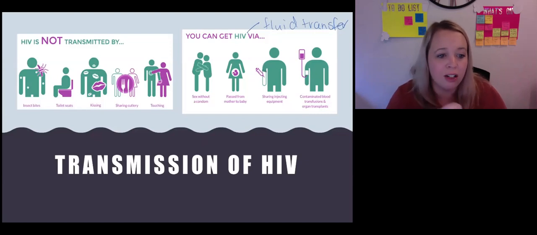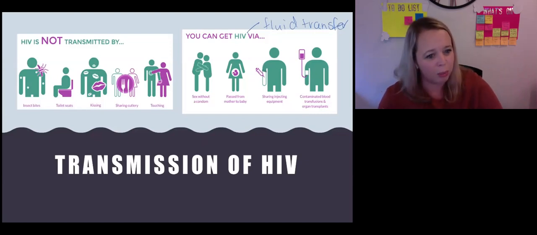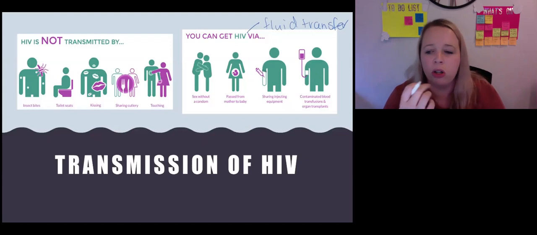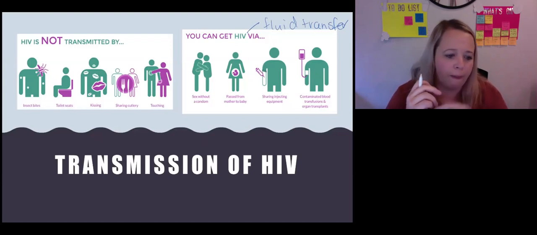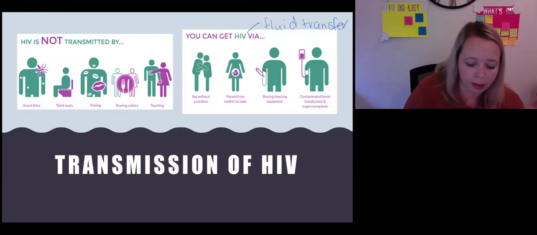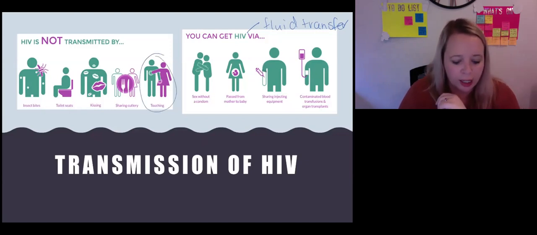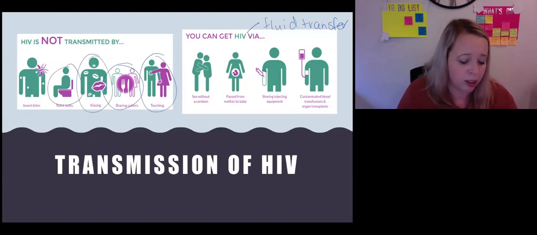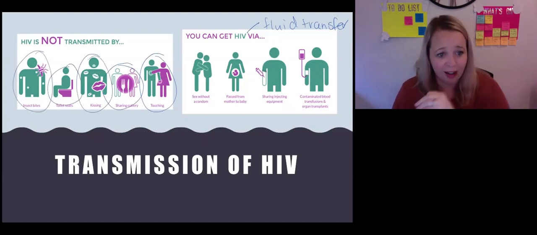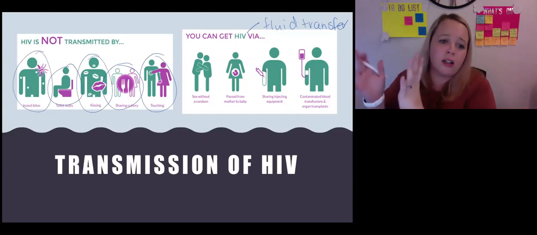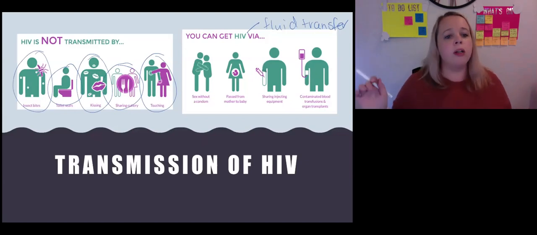Now, you can share injecting equipment because you're going straight from one bloodstream to another bloodstream, or you could have a contaminated blood transfusion. Just by touching someone, you're not going to get HIV. Just by sharing cutlery with someone, you're not going to get HIV. If you kiss, you're not going to get it. You can't get it from toilet seats, and insects can't transmit it. So it's actually quite difficult to get it unless you're undergoing one of these, what we call risky behaviours.